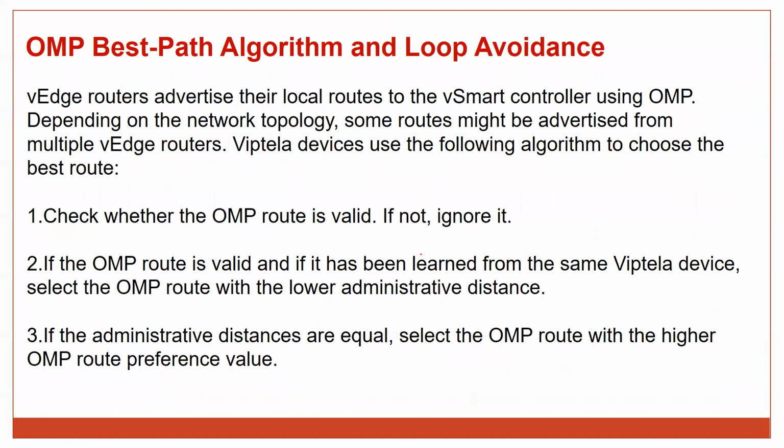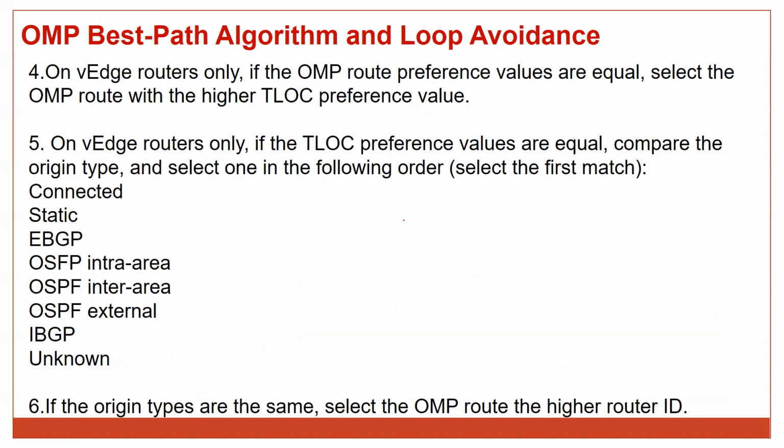So what does it mean? It means that suppose you have one branch, and in this branch you may have OSPF, you may have BGP, on any service side VPN, maybe VPN 10, 20, etc. Now think like this, all these routes are local, correct?